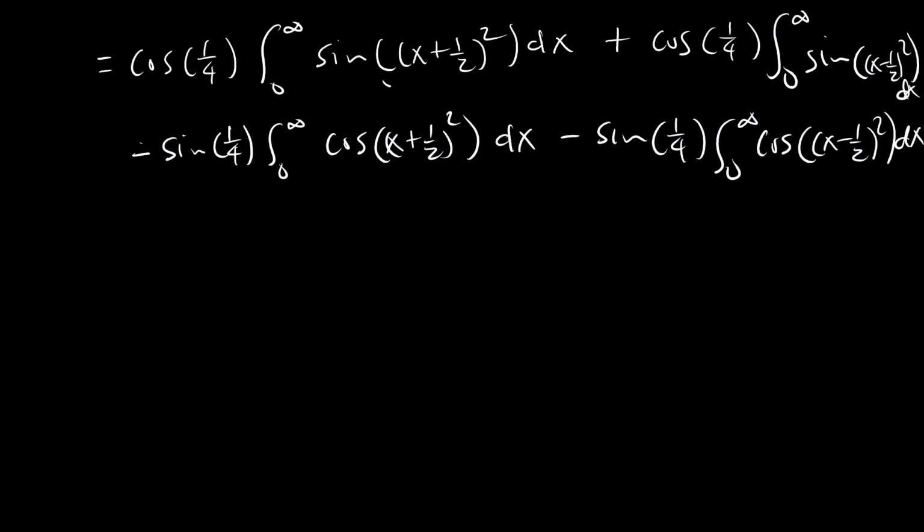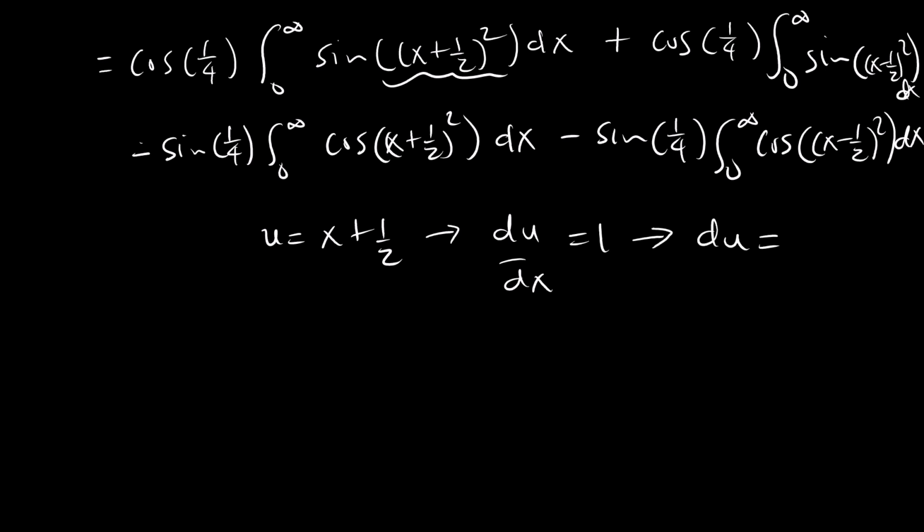So from here we could say u equals x plus a half, and that means du/dx equals 1, and that means that du equals dx. And what does that mean?